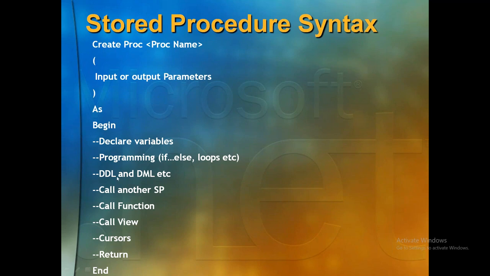You can have all DDL and DML. You can also create a table inside a stored proc, drop a table, or alter a table. You can do each and everything. You can also implement temporary tables, table variables, CTEs, ranking functions, whatever we discussed so far, all of them can be implemented in your proc.